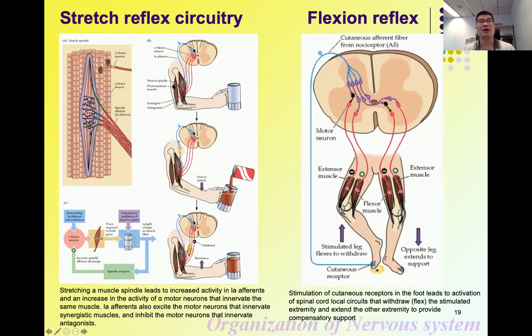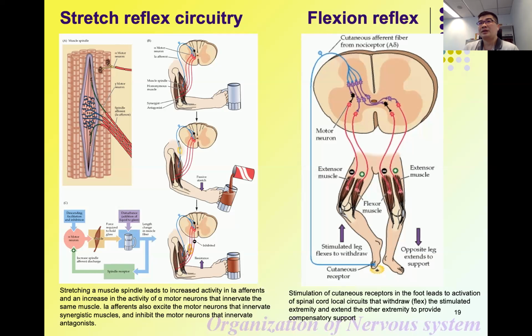One relaxes and one contracts, and then you hold up the mug. A sensory pathway is always ascending, and a motor pathway is always descending in the spinal cord. You can say something like this in general.